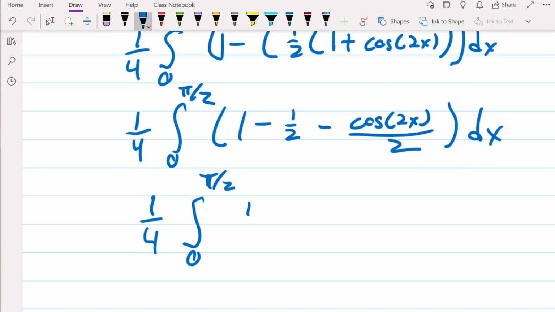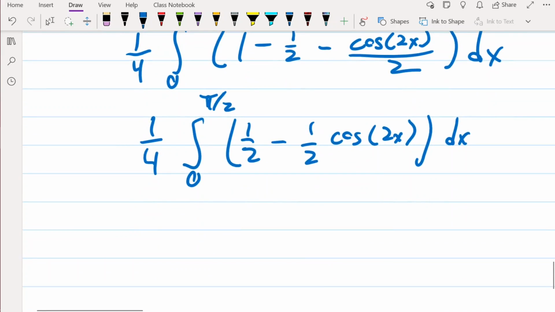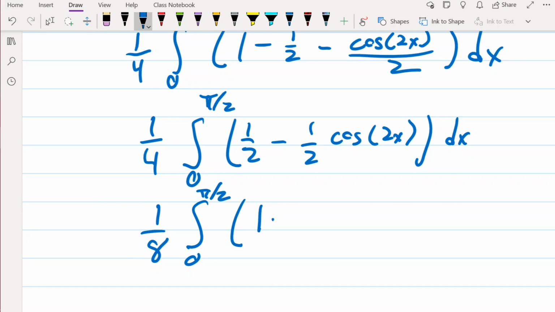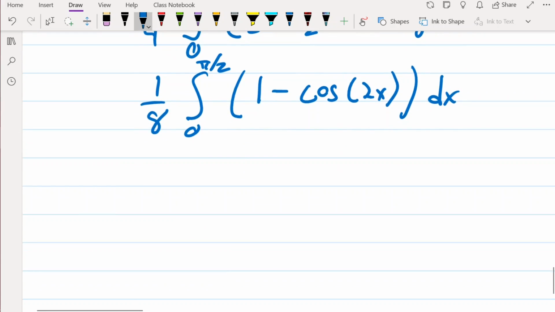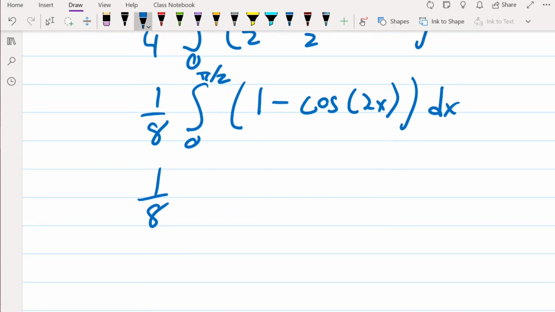So that will be 1/2 minus 1/2 cosine 2x dx, which means that a 1/2 can get brought out, so it'll be 1 over 8 from 0 to pi over 2, 1 minus cosine of 2x dx. And that is then integrable, so we can take the integral of it.